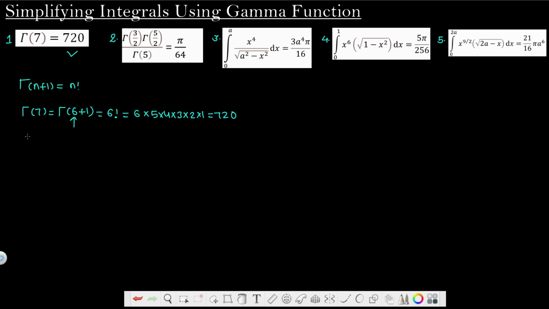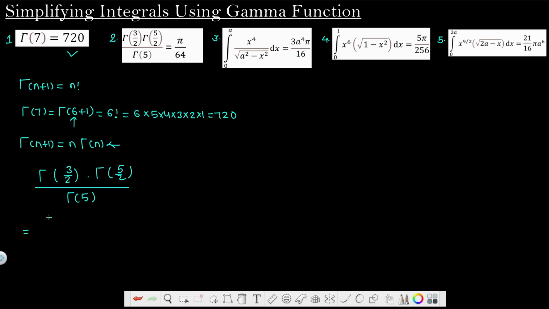Our next formula was gamma n plus 1 equals n gamma n. For this problem we can use this formula. We are given gamma 3 over 2 times gamma 5 over 2 over gamma 5.